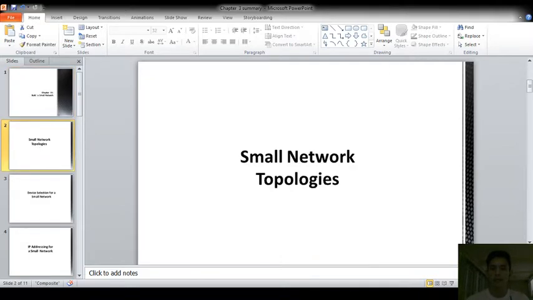So the first thing I'm going to discuss is the small network topologies. Typically, small networks have simple designs and only a small number of network devices are needed. A small network usually comprises one router, a couple of switches, and the users' PCs. The connection to the internet is achieved through a single link.